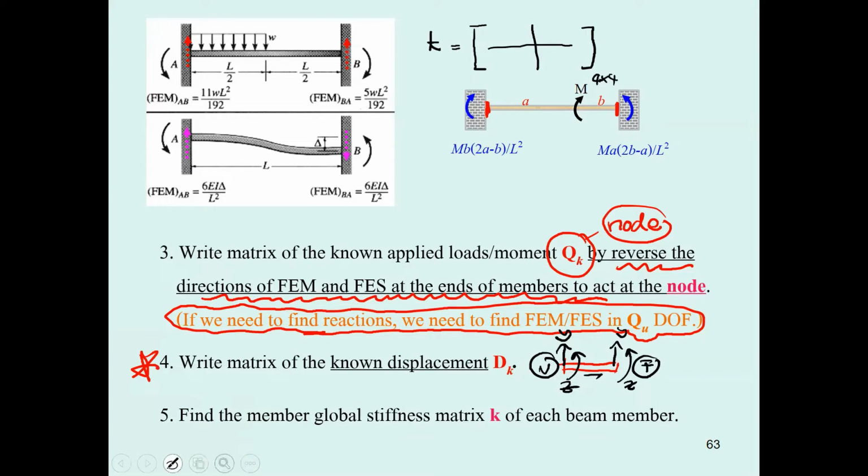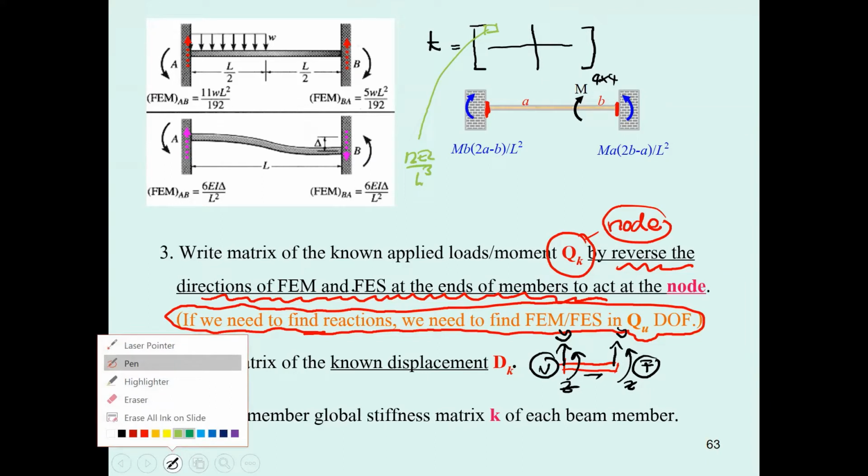Okay, and there are some coefficients that, if you can remember, are going to help you. This is going to be 12 EI over L cubed.